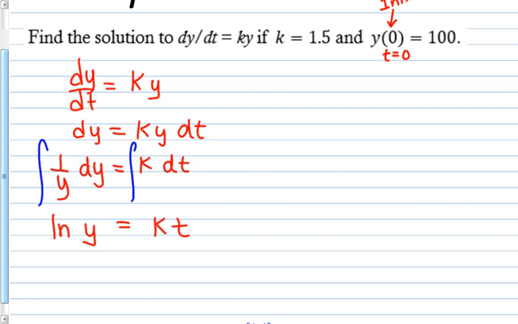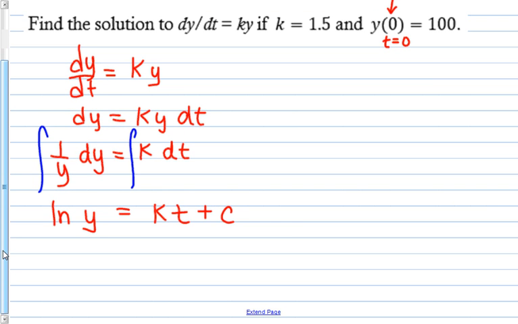So it's k and integrate it, and I'm working with t, so kt plus c. So then this is where we would plug in k equals 1.5 and I would use my initial value there.